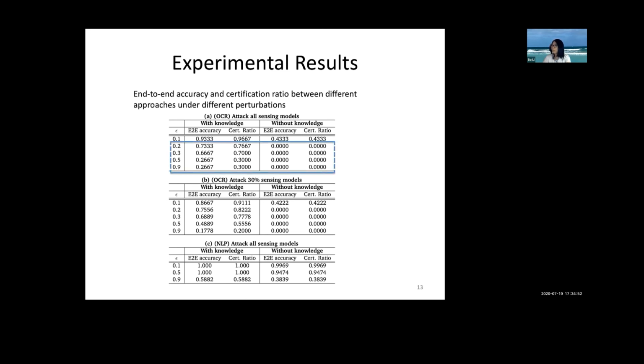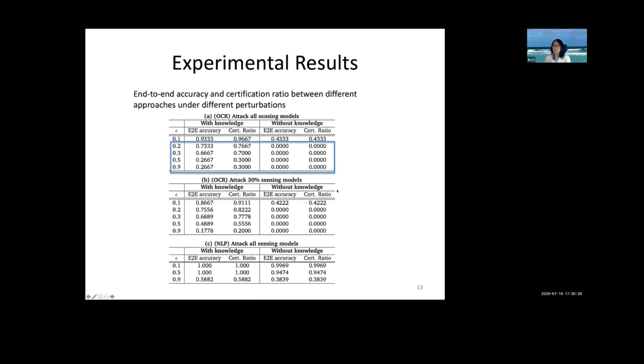And here we can see different tables showing the results with and without knowledge, and we calculate the end-to-end accuracy empirically, or the certified accuracy. Here we can see the magnitude of the input perturbation. And we see that with a larger magnitude of such perturbation, with knowledge, this sensing reasoning pipeline can certify much higher both vanilla benign accuracy and certified robustness accuracy than the machine learning model without any knowledge.